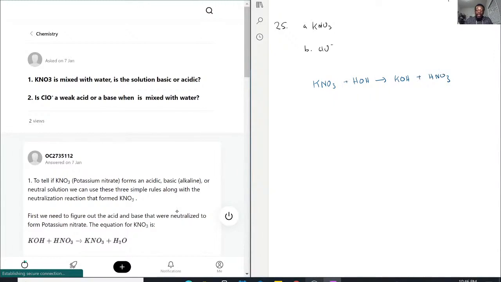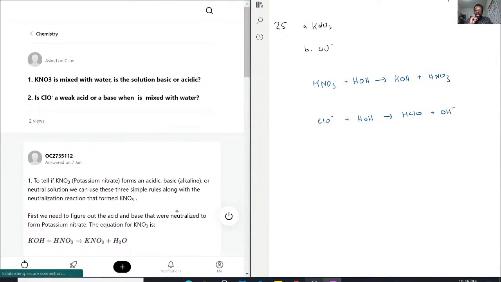That is the first one. Second one, we have ClO⁻ plus HOH, which typically gives HClO plus OH⁻. Okay?